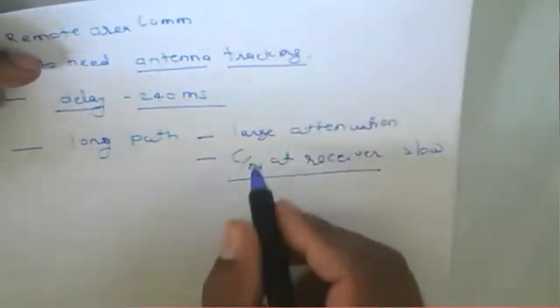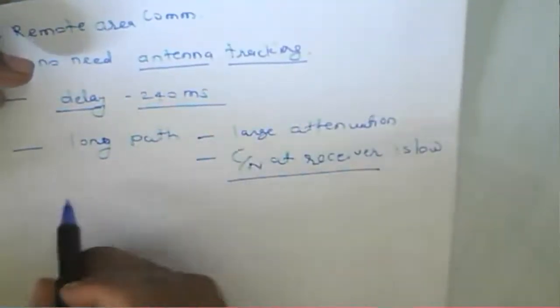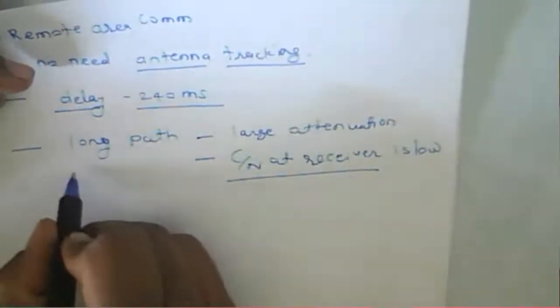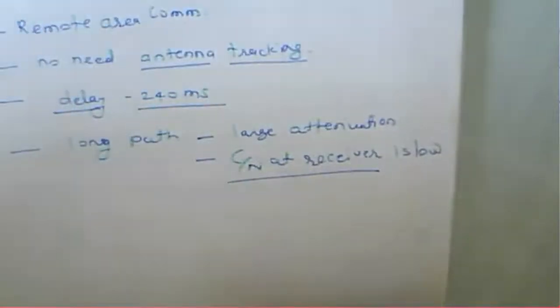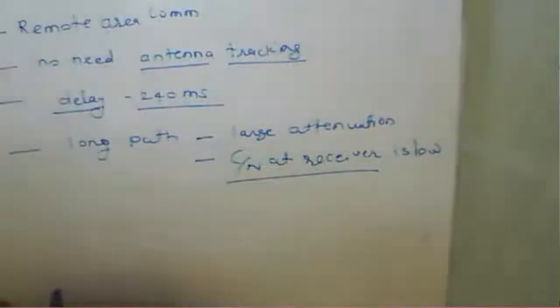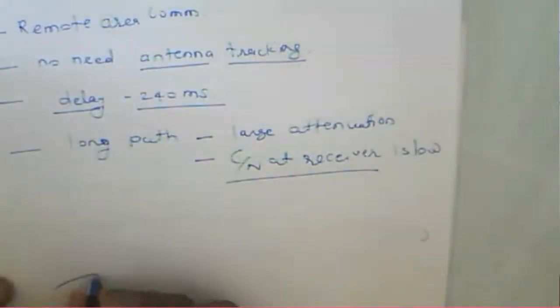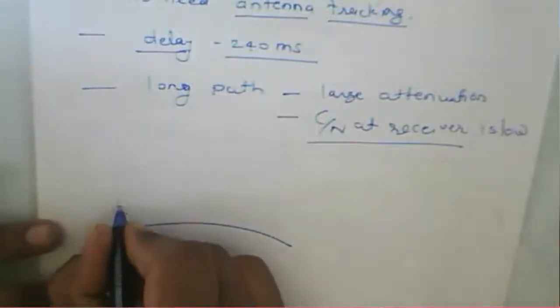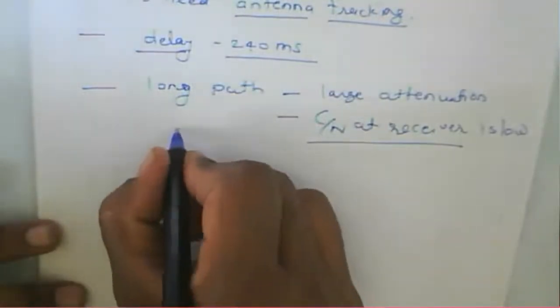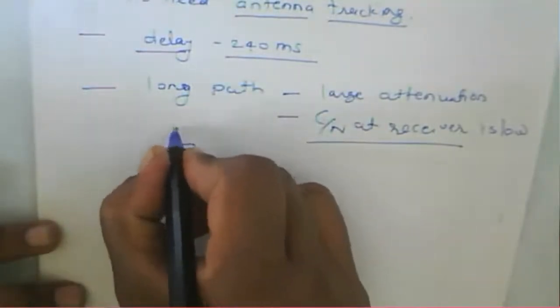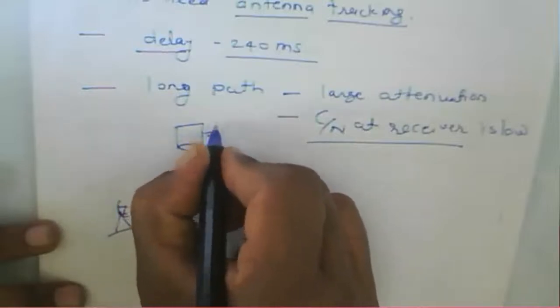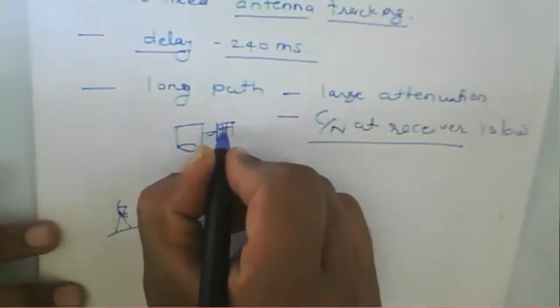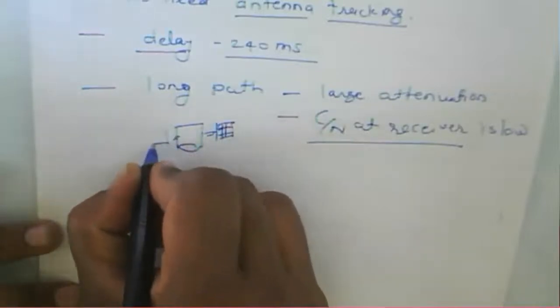But there are some drawbacks here. That particular delay is the drawback of the geostationary satellite. So we have designed the earth station, and we have mentioned a satellite here.